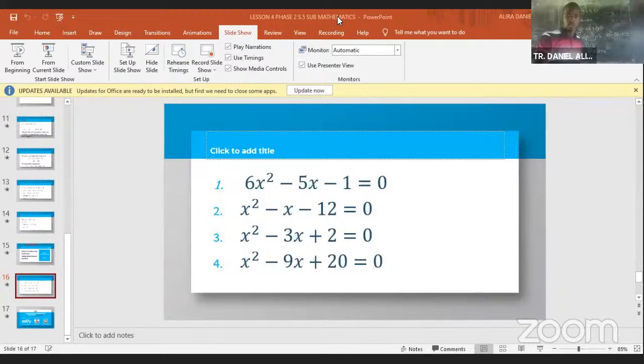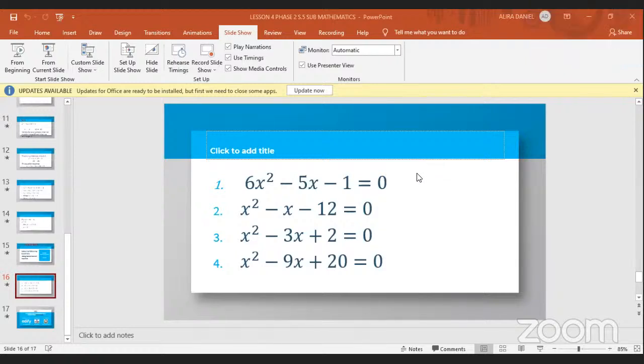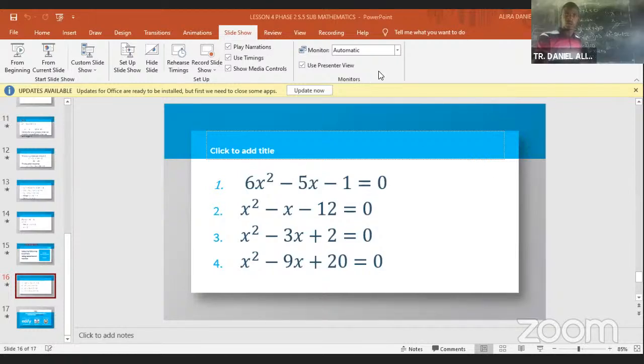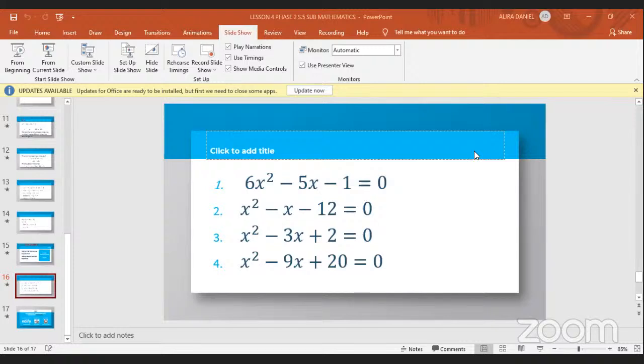Light on. Teacher, can you try to share again? Can you try to turn on the video? Yes, I've tried. Can you put on the paper? We want to see the paper. Are you seeing it?